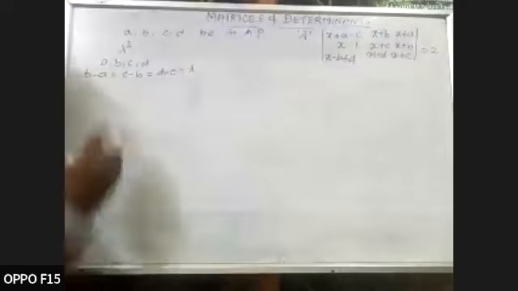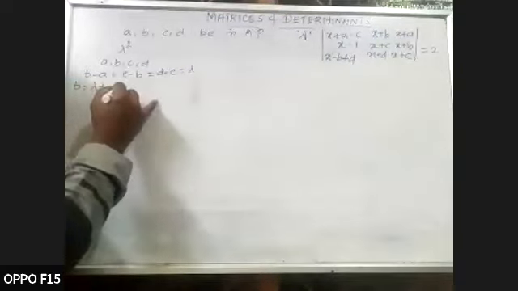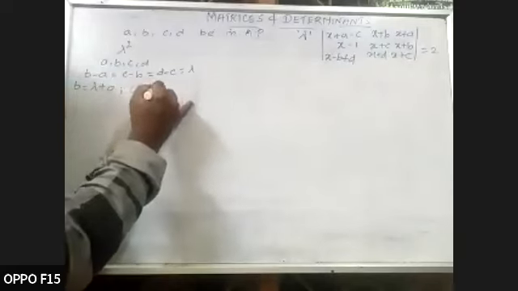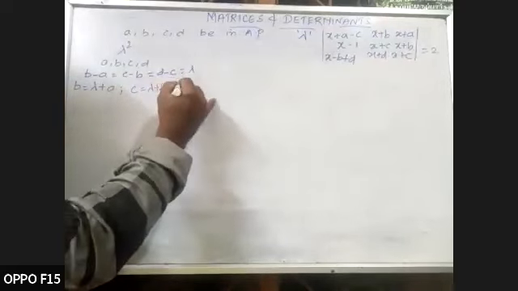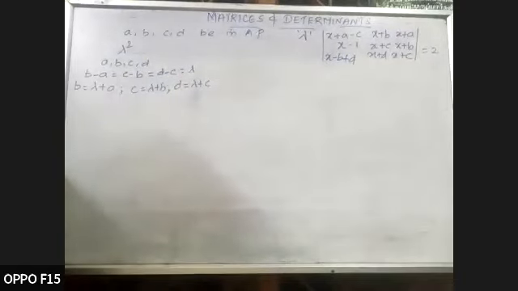From the first one, we get B is equal to lambda plus A. From the second one, C is equal to lambda plus B. Third one, D is equal to lambda plus C. Is it right? We have B equals A plus lambda, C equals B plus lambda, and D equals C plus lambda.